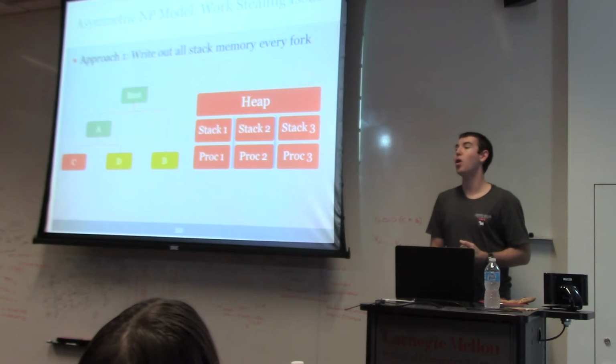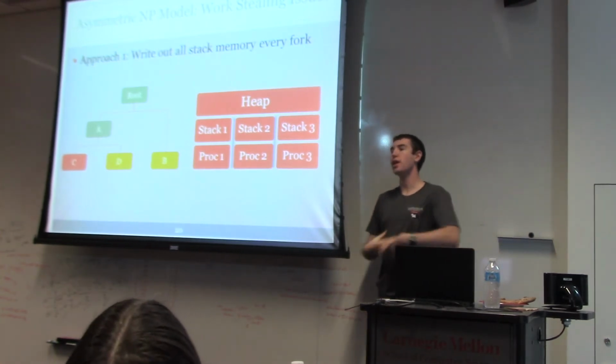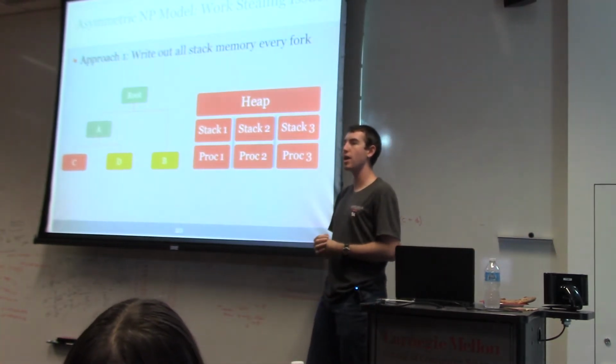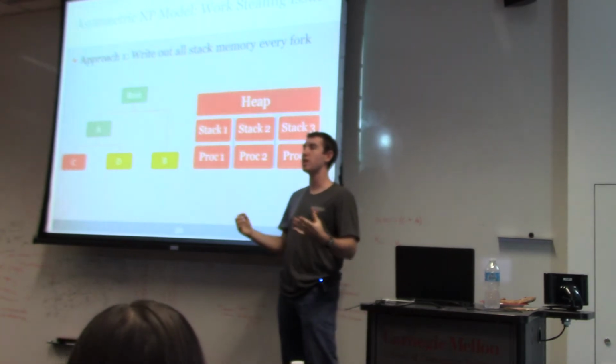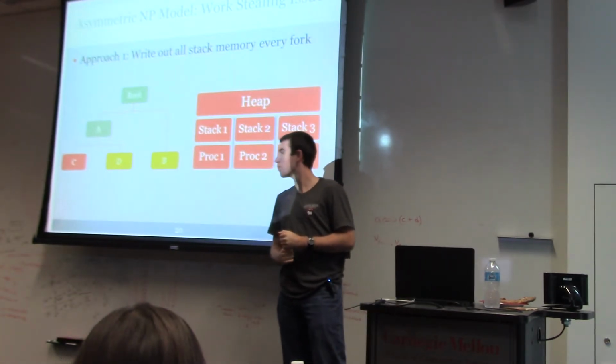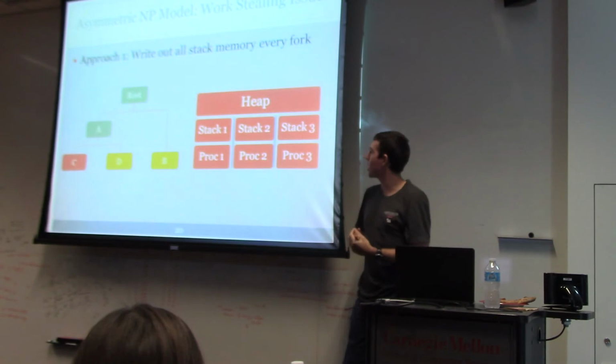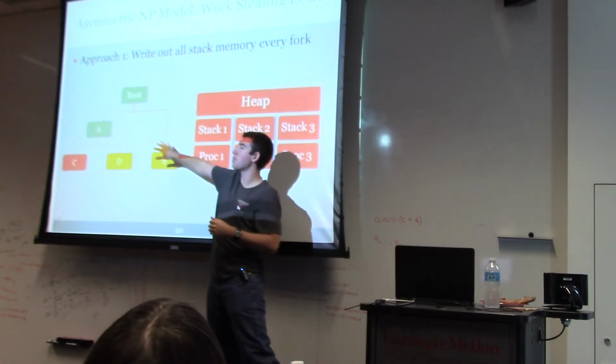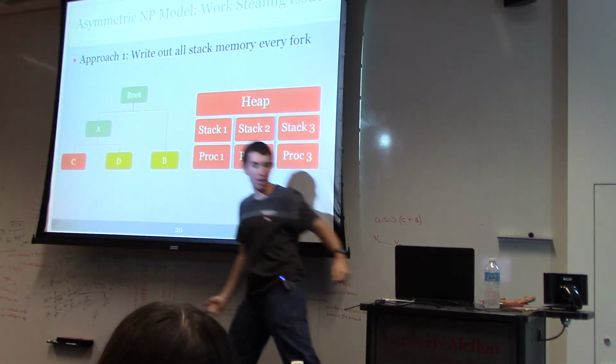Approach 1, the naive approach: just write everything out to the heap. That way everything has access to it, and you never need to worry about moving data on a steal. Here is a problem example for that case. We have our basic computation running on processor 1.